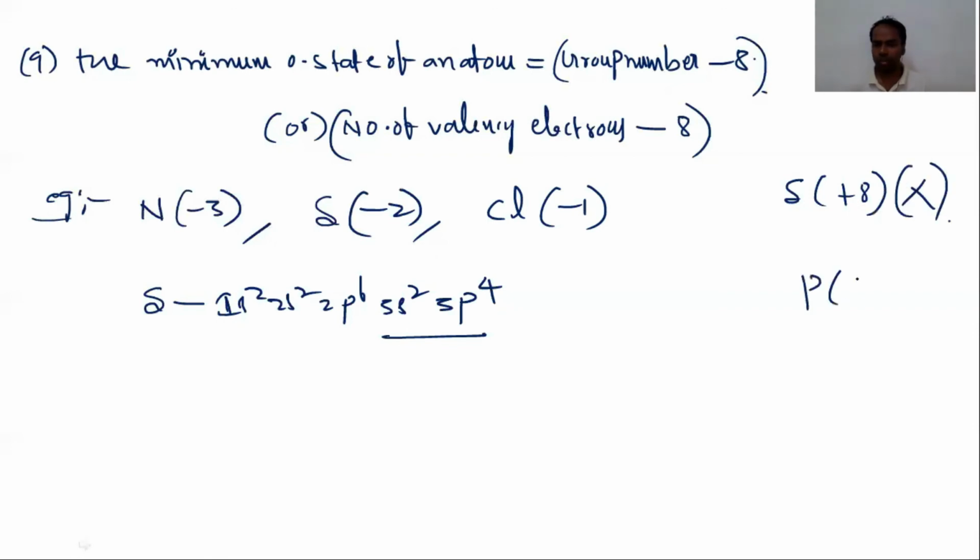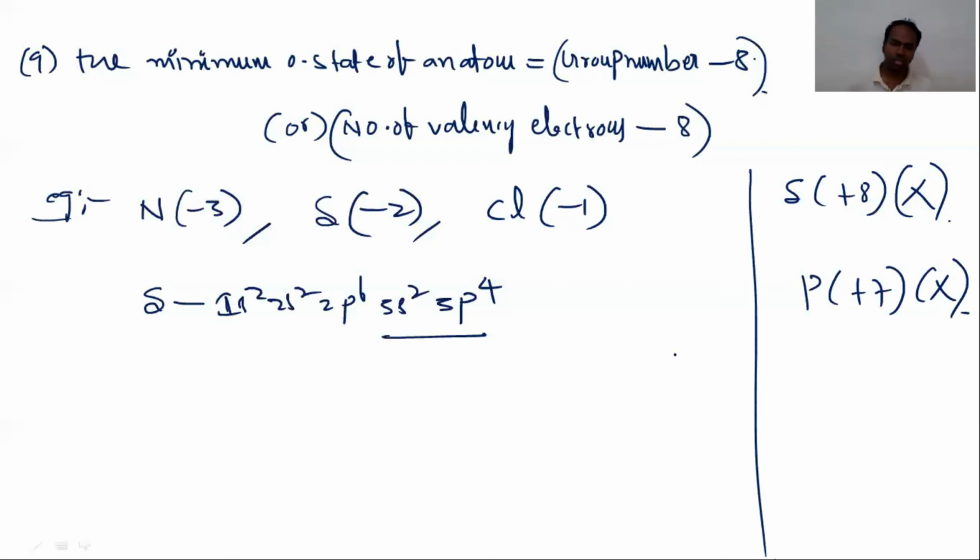Phosphorus +7 is possible? For phosphorus the maximum oxidation state equals the group number, that is 5. So +5 is possible, +7 is not possible. For chromium +10, not possible. +6 is possible for chromium. Sulfur +6 only.